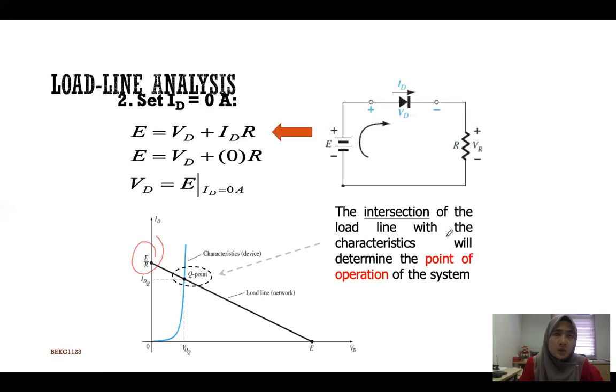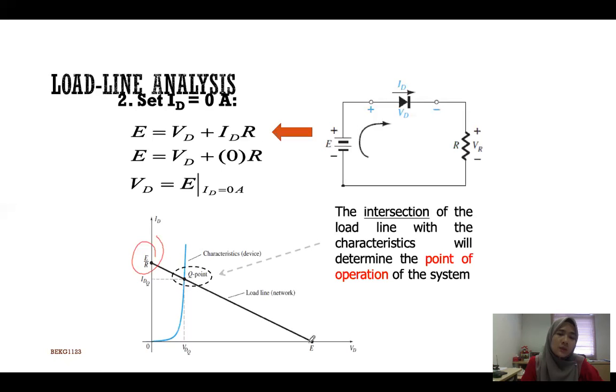So after you know that when VD is equal to 0, ID is E over R, and when ID is equal to 0, VD is equal to E, you know these two values and you can draw this line.